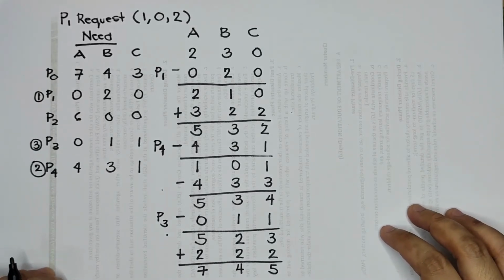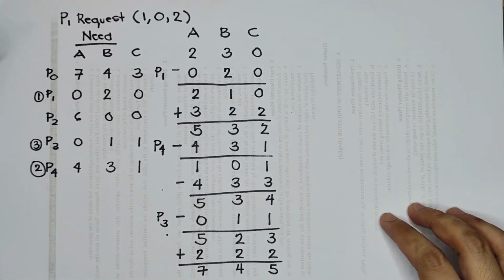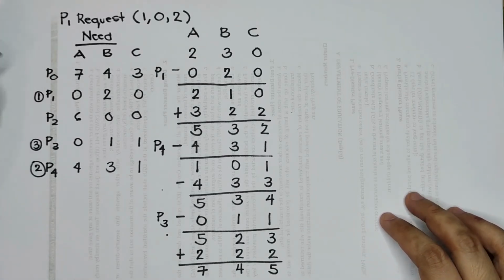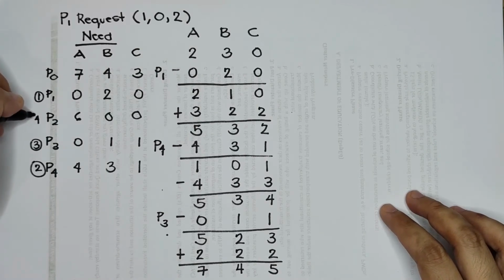And then, the next is, which one? Okay. Do you want to execute? Of course, I've already made an example for P sub 0. So, let's choose P sub 2. Okay.